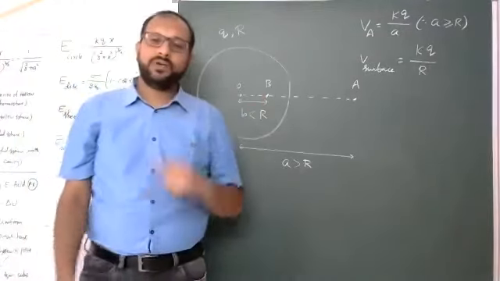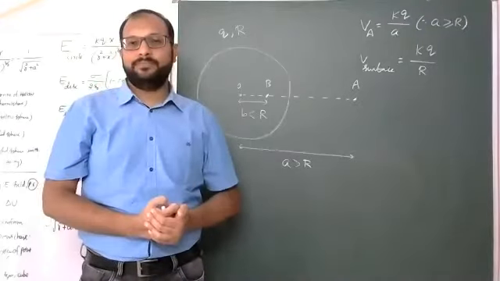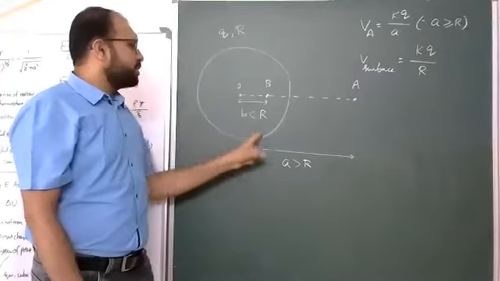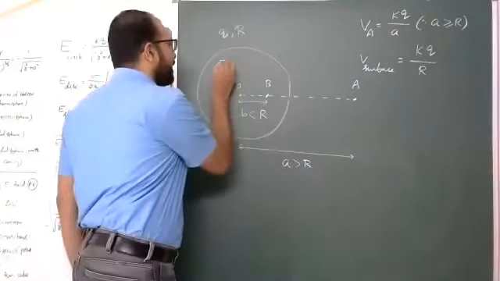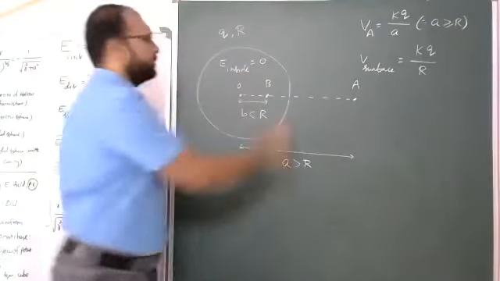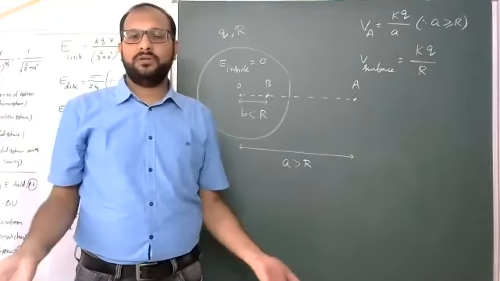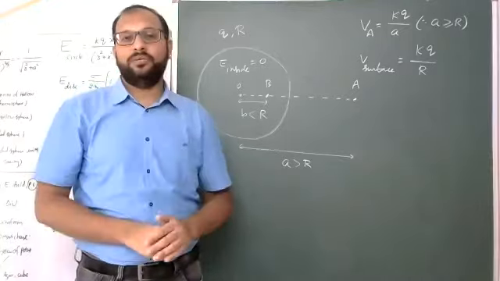All students know, we already derived yesterday, that the electric field inside a uniformly charged hollow sphere is zero. So electric field inside is zero, and dV is also zero. dV zero means potential difference zero.